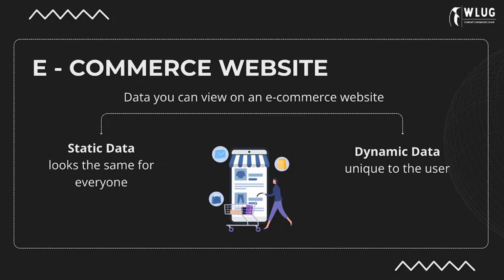Now, these were very simple examples, right? Like a portfolio with only static data or a linked system. But now let's see how the CDN system would work all together when we're working on an e-commerce website like Amazon. I'm sure we've all used Amazon.